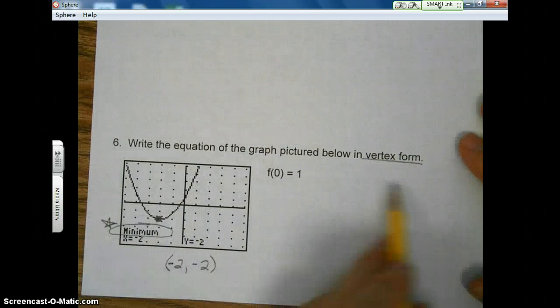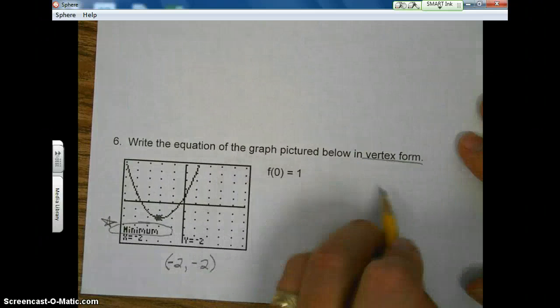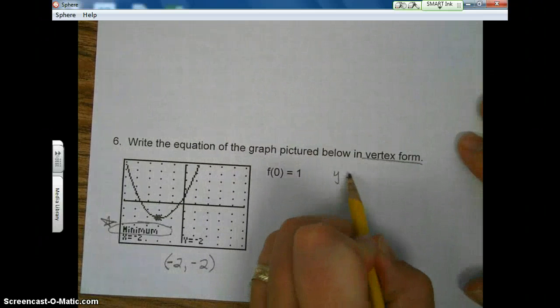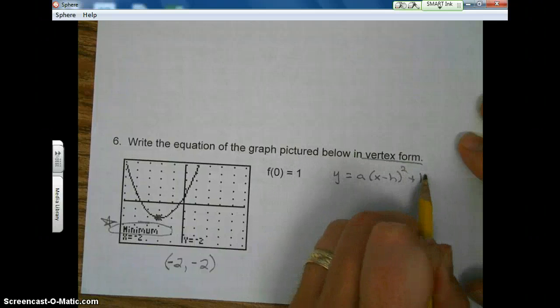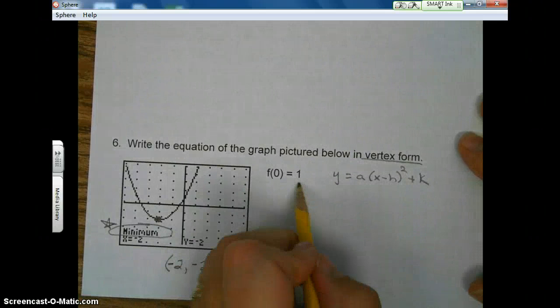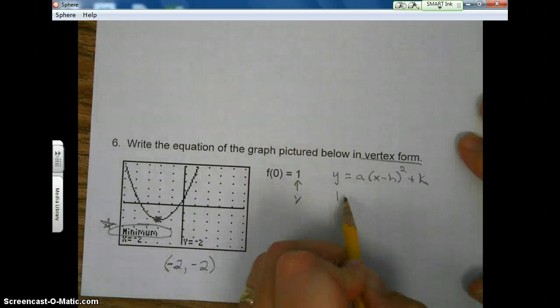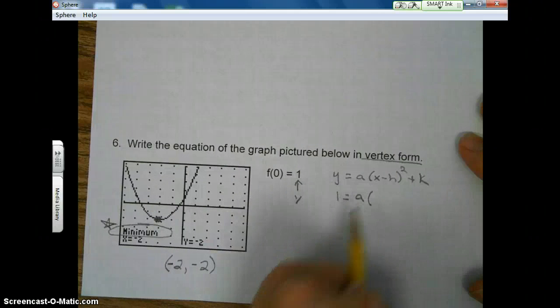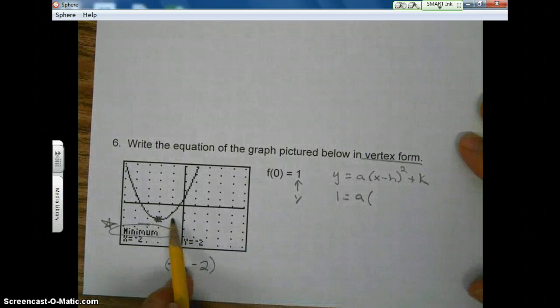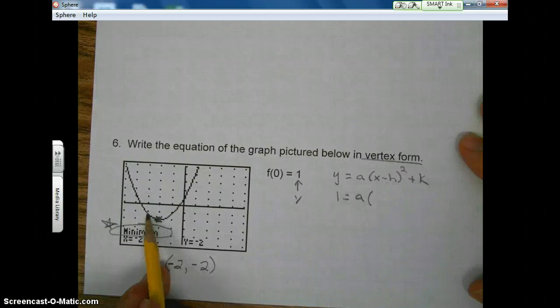All right, I'll get you started on this one. Vertex form. Plugging in the y. Don't know the a for sure, although it looks like it's going to be over 1 up 1, but on this side it looks like it's going to be over 1 up a little bit less than 1.